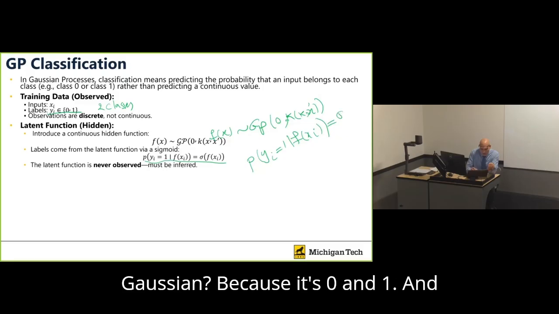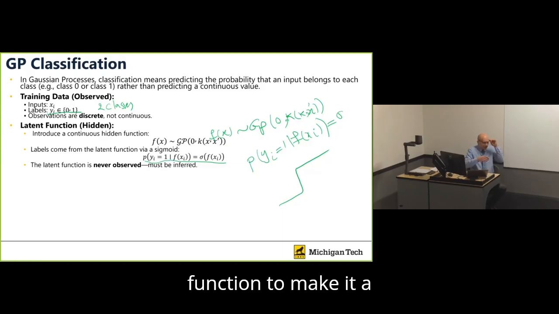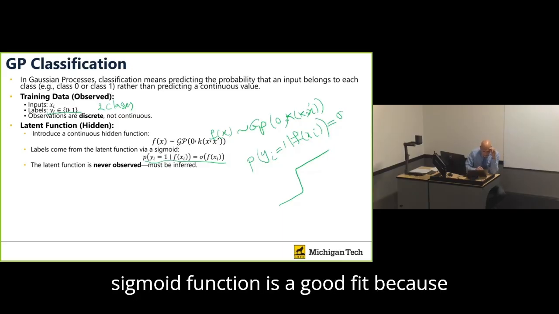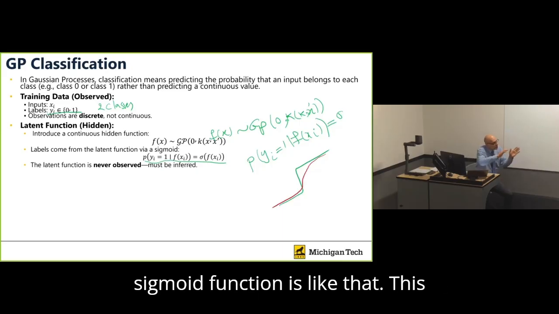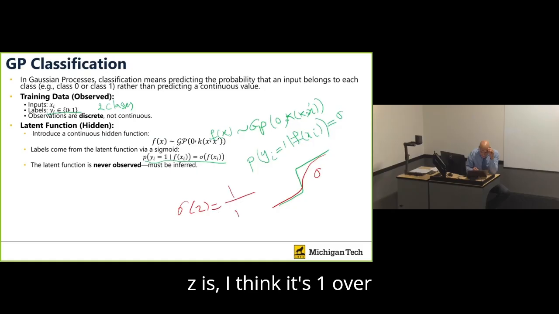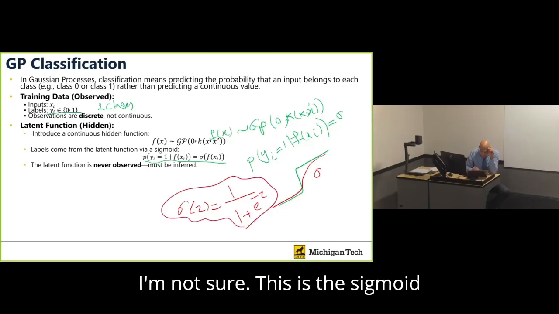Why is it not Gaussian? Because it's 0 and 1, and you need to use another function to make it a probability. So for example, here the sigmoid function is a good fit. Sigmoid function of z is, I think, 1 over 1 plus e to the minus z, something like that. This is the sigmoid function.